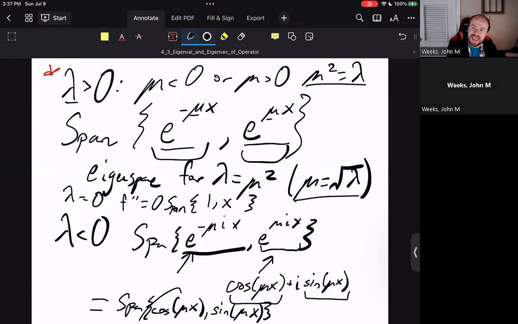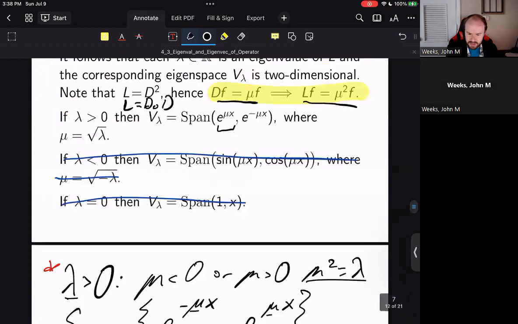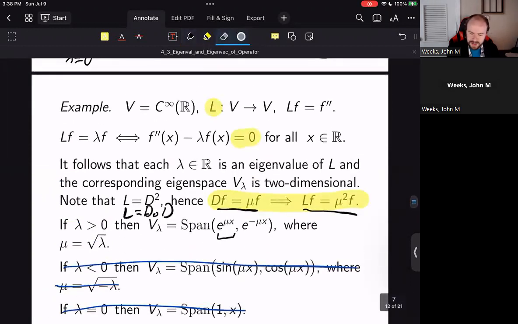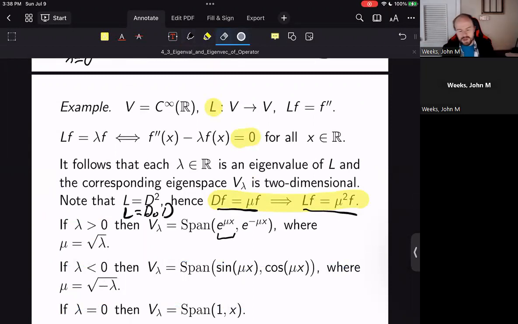So each of these has a span of 2 inside of its eigenspace here. Okay, so let's go ahead and reveal that this is what we got from that. Mu here is going to be the square root of negative lambda, which means we're doing i times the positive square root of lambda whenever we write this. So this is the way that we can write each of the eigenspaces for this particular linear operator.